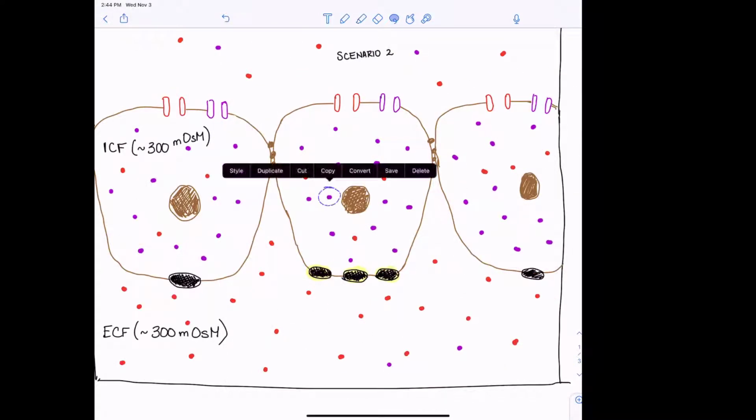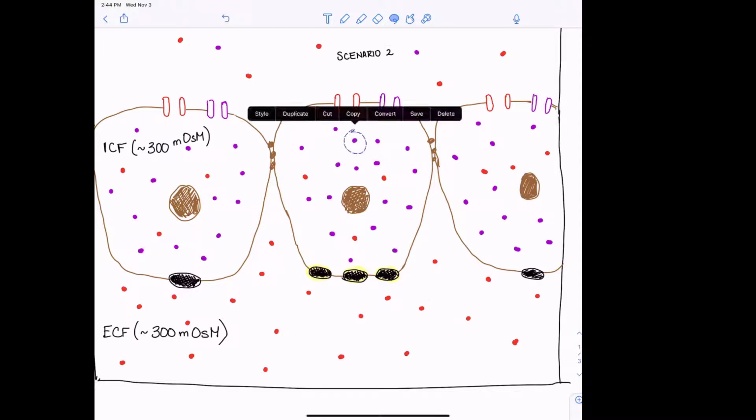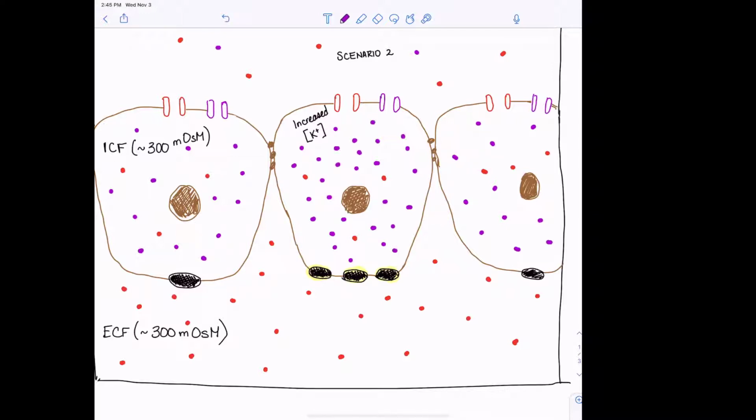So now that we've looked at that scenario, let's take a look at another scenario. With 3 sodium-potassium pumps in the basolateral membrane, I can pump 3 times as much potassium into the cell and thus create an increased concentration of potassium. That increased concentration of potassium will therefore also create a stronger gradient.